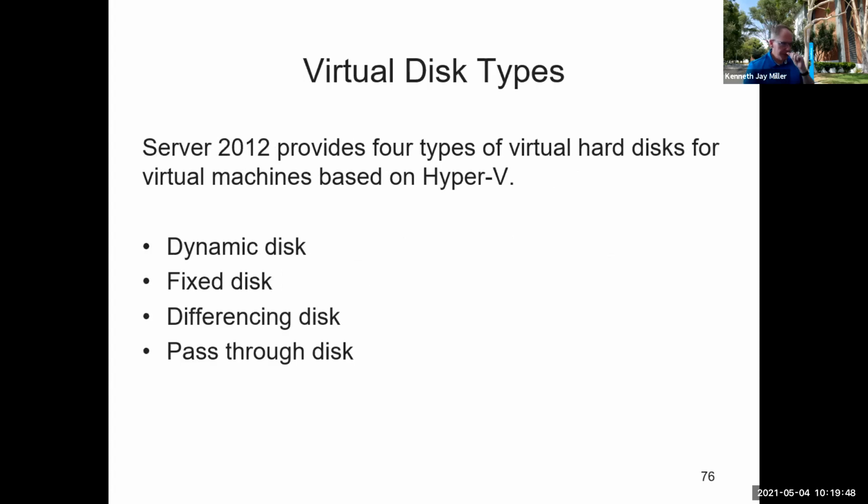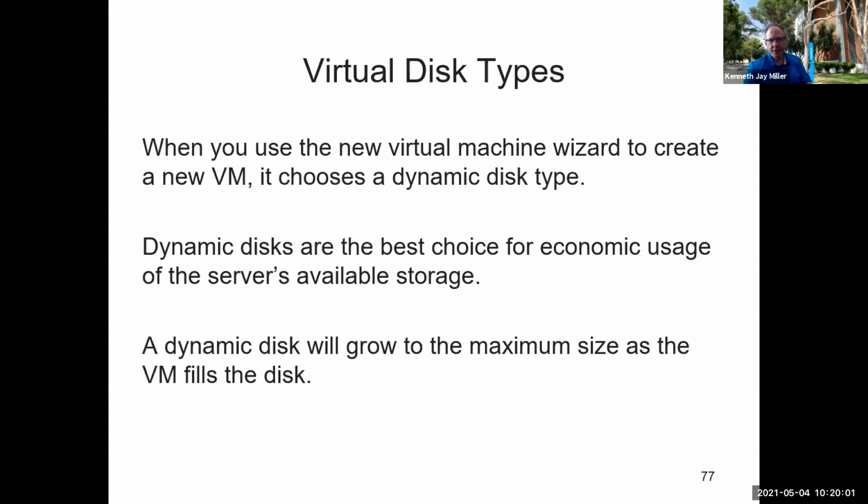Now, here are the 4 disk types that are supported in Hyper-V: the dynamic disk, the fixed disk, the differencing disk, and a pass-through disk. So let's define those here. Now, dynamic disks are the default. So when you create a new VM, it will automatically default to the dynamic disk.